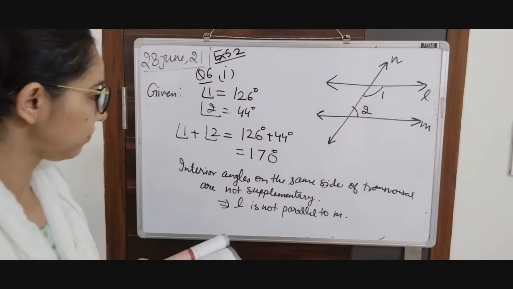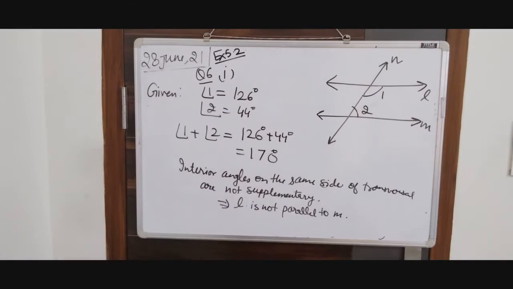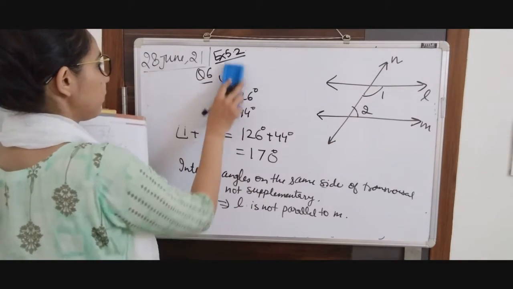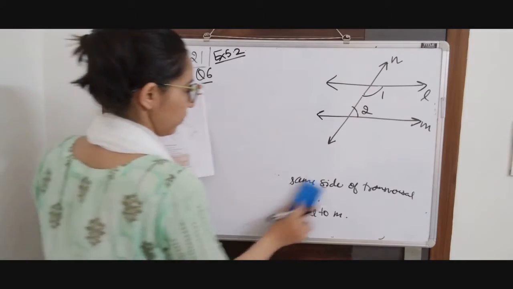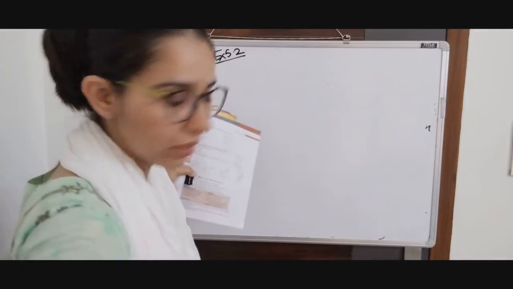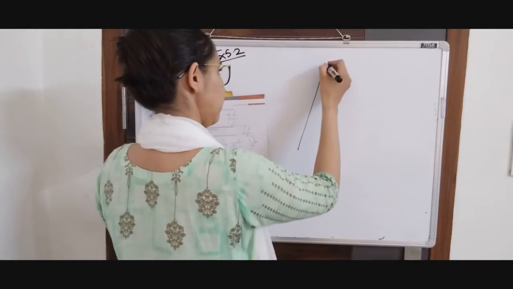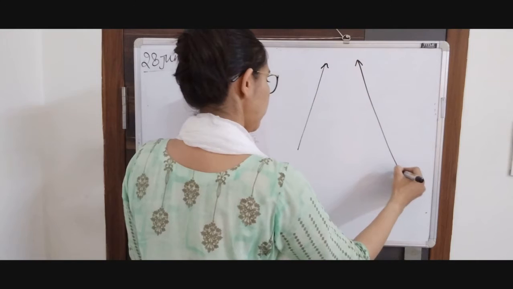Next one is. Sometimes the parallel lines are given as horizontal, sometimes they are given as vertical.